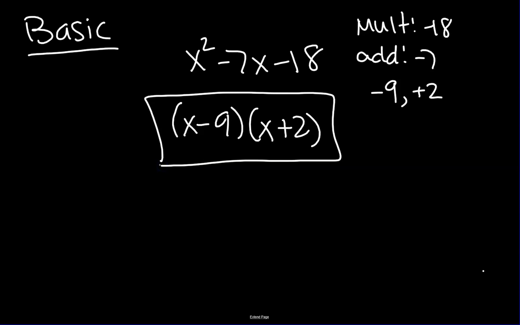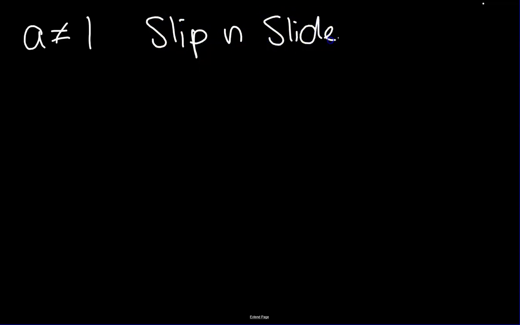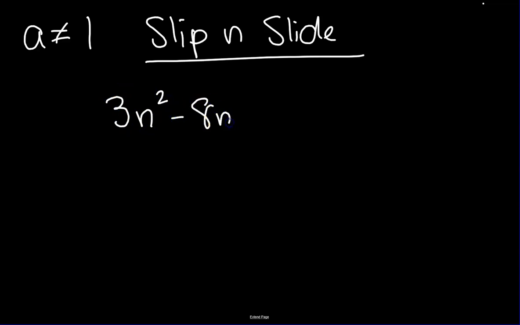Okay, we took it up one little notch when we made our a value not equal to 1. There was a little something extra we had to do in the beginning. So if our a value is not equal to 1, I did a method called the slip and slide. Okay, so I'm going to use an example of 3n squared minus 8n plus 4.